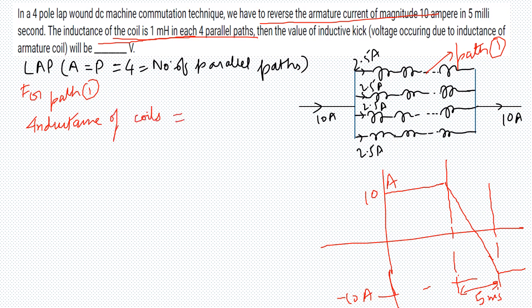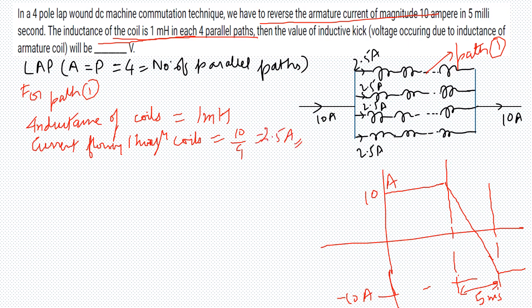There will be many coils, so the total inductance he is saying is 1 millihenry. Now current flowing through coils is equal to 10 by 4 is equal to 2.5 amps.